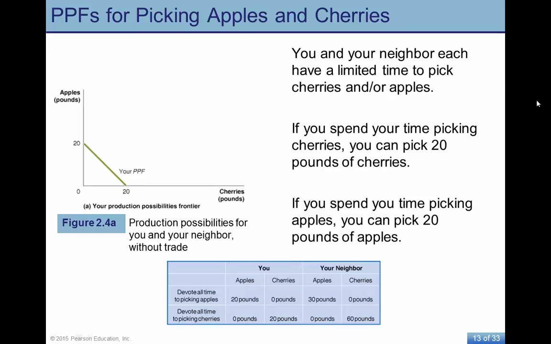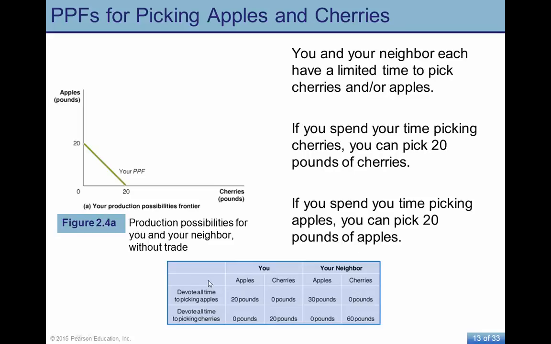Suppose you and your neighbor each have a limited time to pick cherries and or apples. If you spend your time picking cherries, you can pick 20 pounds of cherries. If you spend your time picking apples, you can pick 20 pounds of apples.